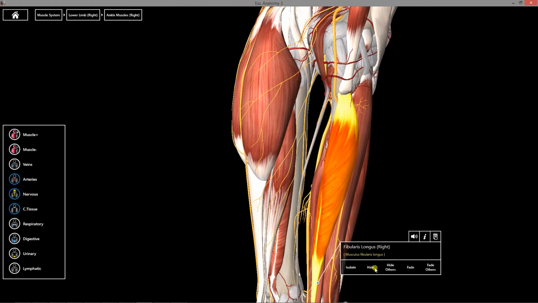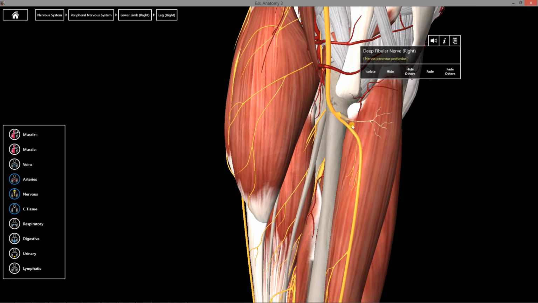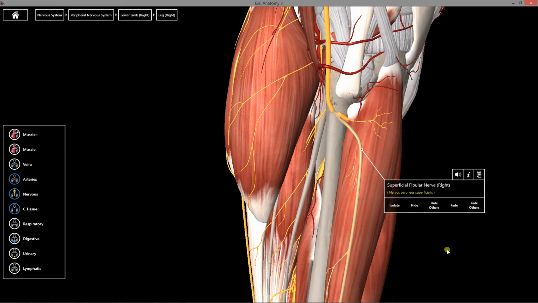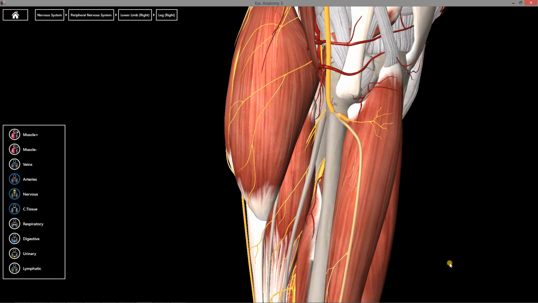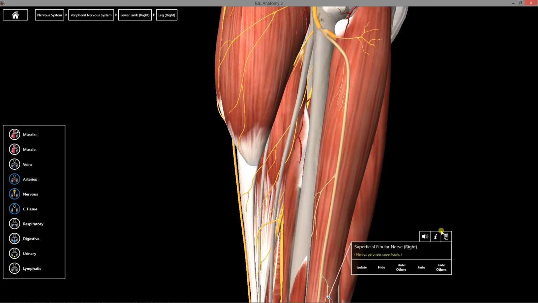So just removing this so we can get a better look at that. Basically we have the common fibular nerve passing anteriorly, and it sends the deep fibular nerve, which innervates the anterior compartment, deep to the extensor digitorum longus of the foot, and then it sends the superficial fibular nerve to innervate the fibularis longus and fibularis brevis of the lateral compartment, which, just to repeat, are ankle everters.